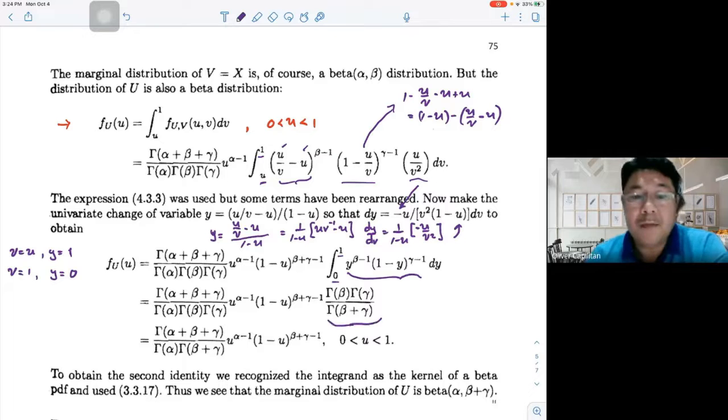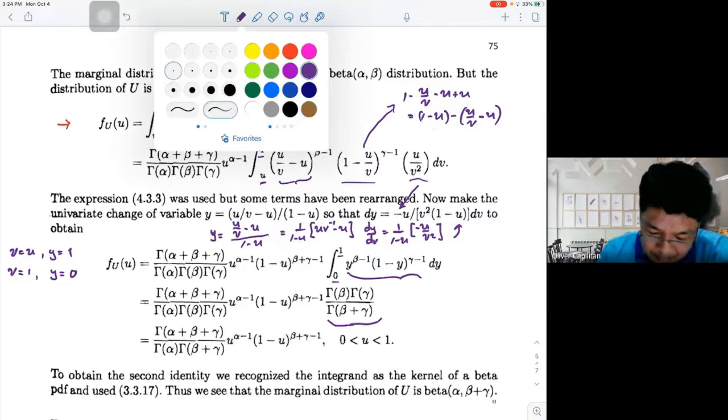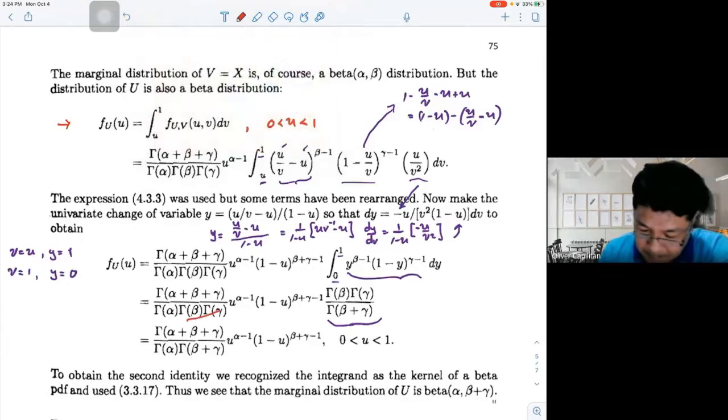So we have gamma of beta times gamma of alpha over gamma of beta plus alpha. Again, simplifying, we can cancel this. Then we have that.